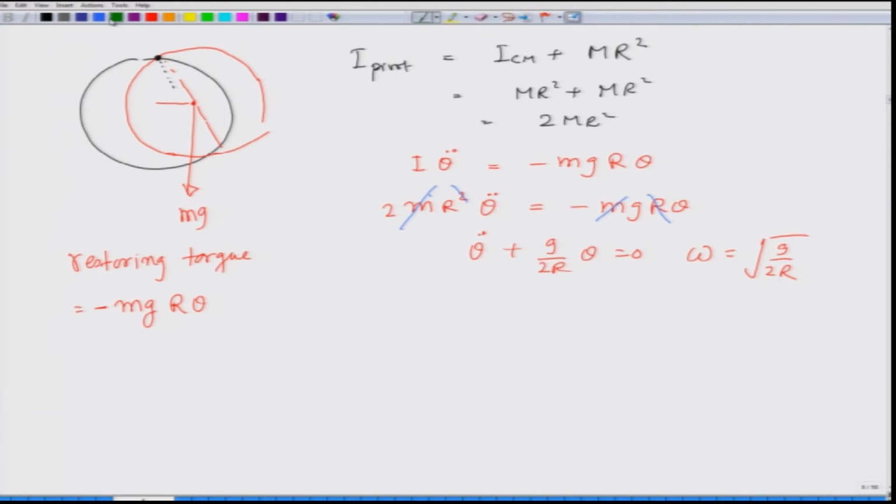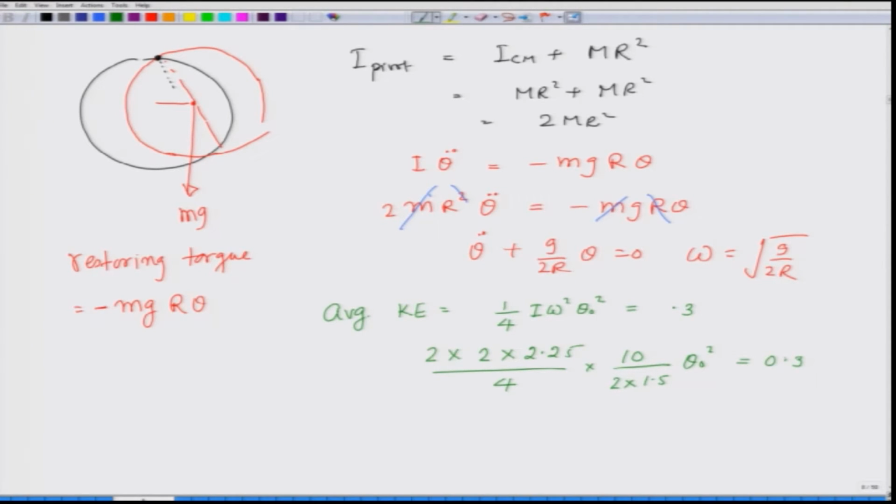Now, from the previous page, the average kinetic energy is 1 over 4 I omega square theta 0 square, which is given to be 0.3. I is 2 times m, which is given to be 2 kilograms, times r square, which is given to be 1.5. So, this is going to be 2.25 divided by 4. Omega square is going to be g over 2 r, g is given to be 10 over 2 times r, which is 1.5, theta 0 square is equal to 0.3.